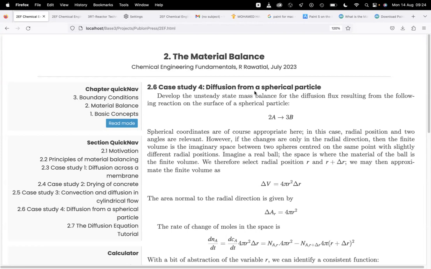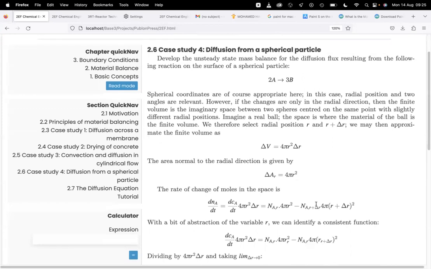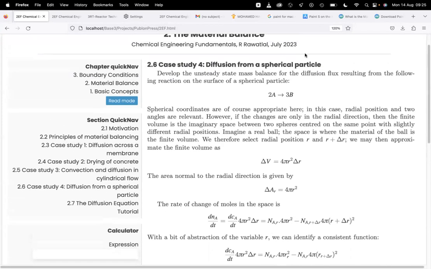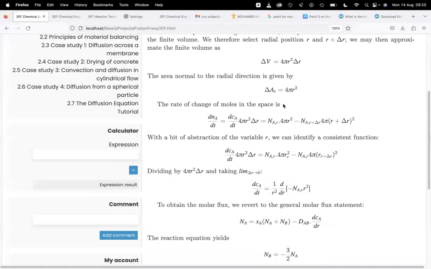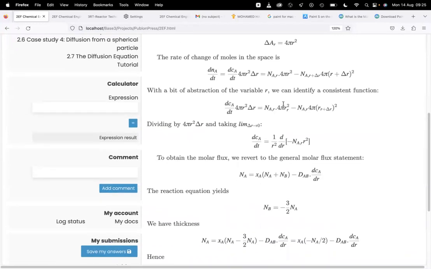In the second one, we have equimolar counter diffusion. And in this third case, this is neither equimolar counter diffusion nor stagnant flow. So A and B are diffusing in this case. We had developed the material balance before for this.